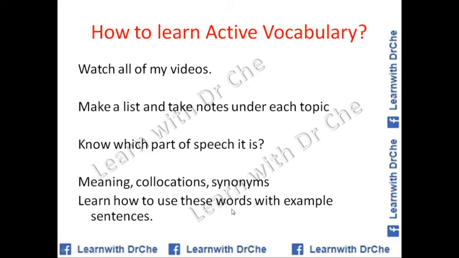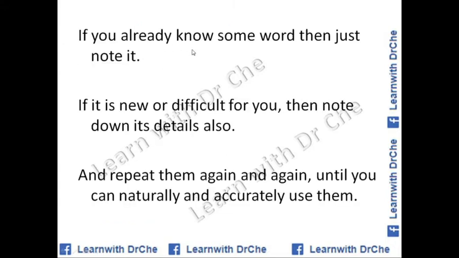Learn how to use these words with example sentences. My example sentences are real examples from speaking and writing experience. Okay, so if you already know some word, then just note it down, just note the word, no need to write the details.